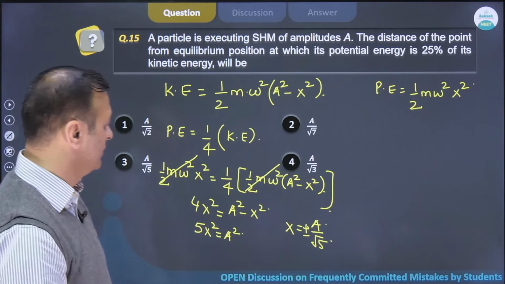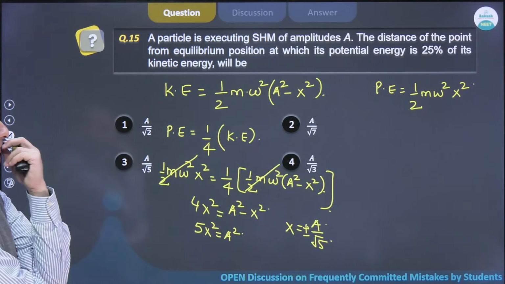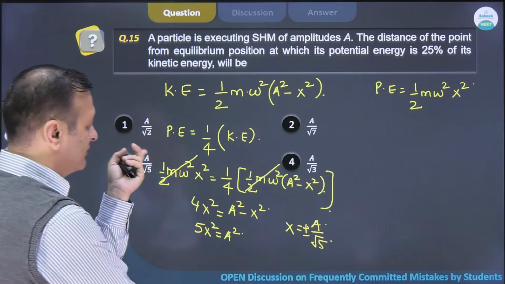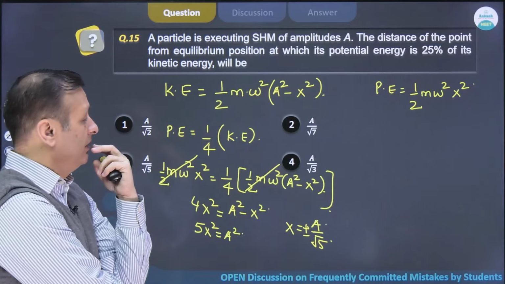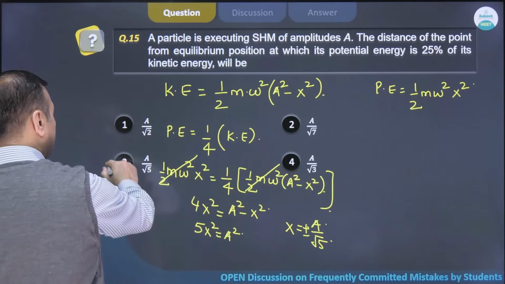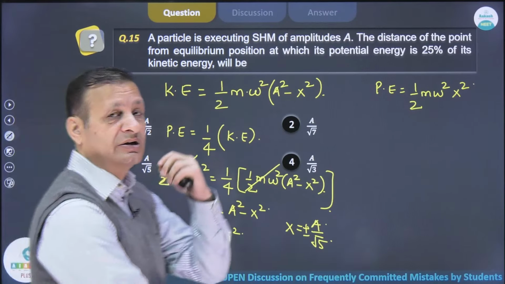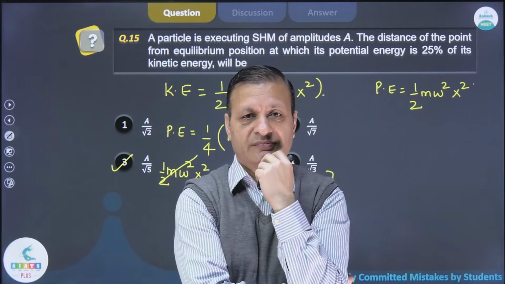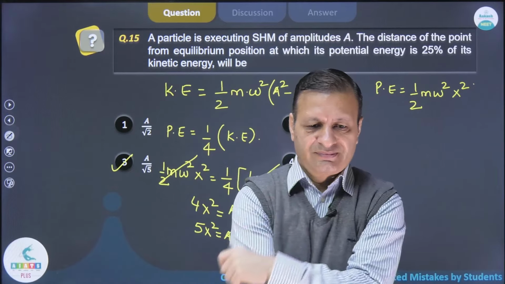Where a is the amplitude, this is the answer, a by root 5. Any doubt?